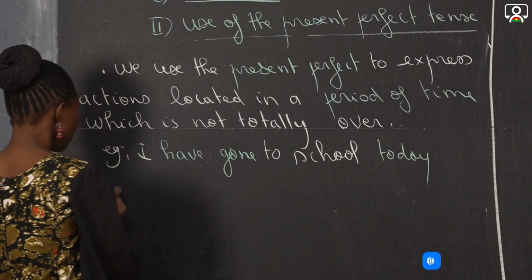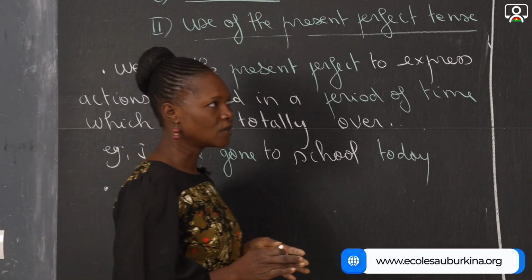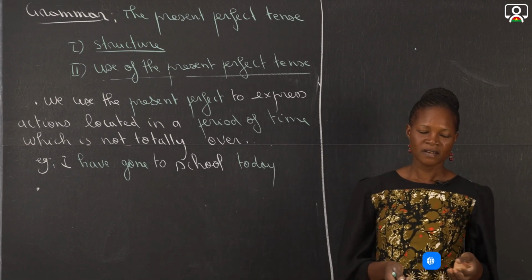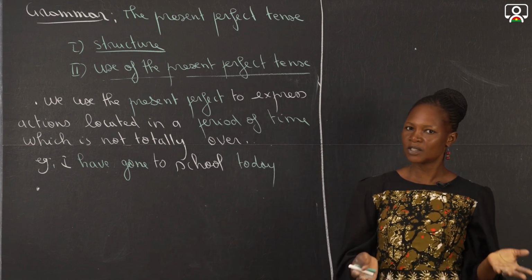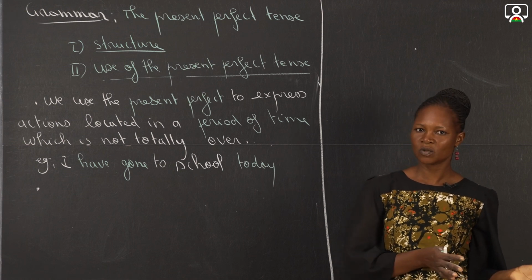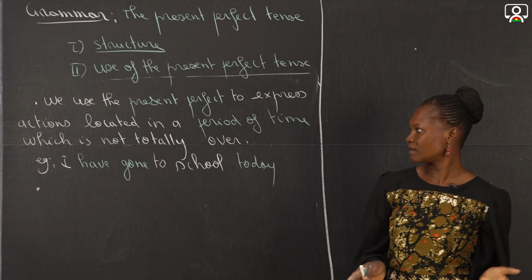We use it also to speak about actions which are finished and whose moment is not determined. We don't know exactly when the action took place, but the action is finished.